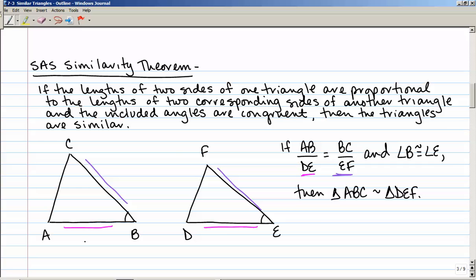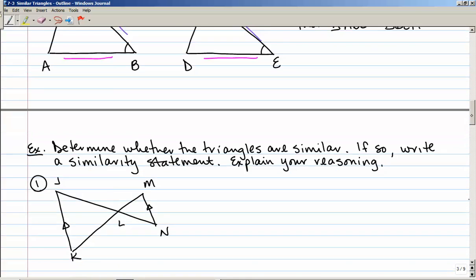Then I can say the triangle ABC is similar to triangle DEF. So two pairs of corresponding sides proportional and the angle in between those sides congruent. Then by SAS similarity, we can say that they're similar to each other.